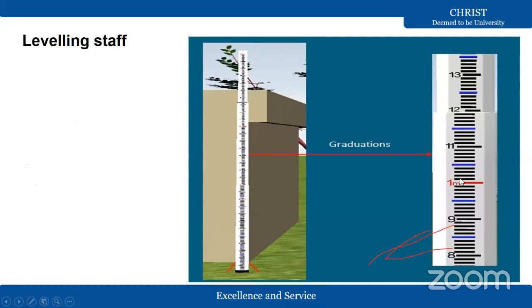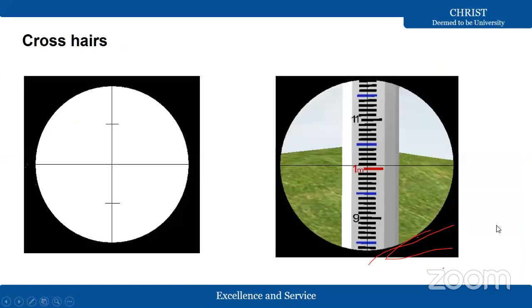On top of the black line it is 101, and on top of the white band it is 100.05, 100.1, 100.15, 100.2. The top of the black line is 1 centimeter. This is 110 centimeters, this is 120 centimeters, 130 centimeters. Like this, you will have 3 meter staffs and 5 meter staffs.